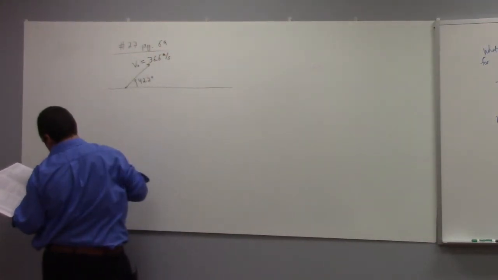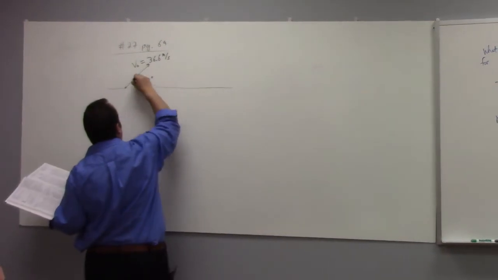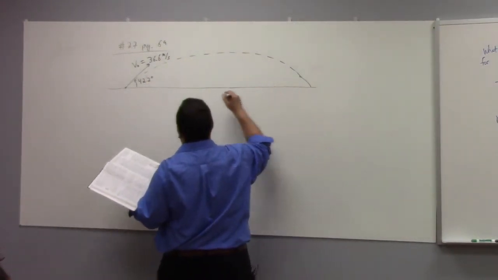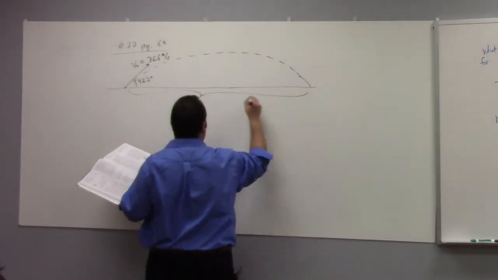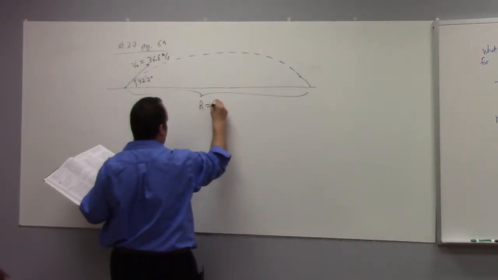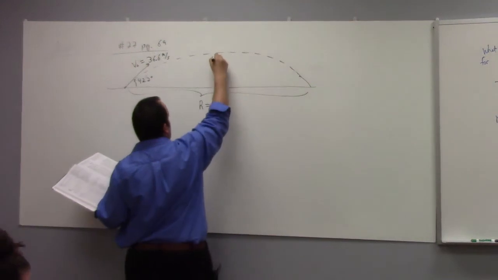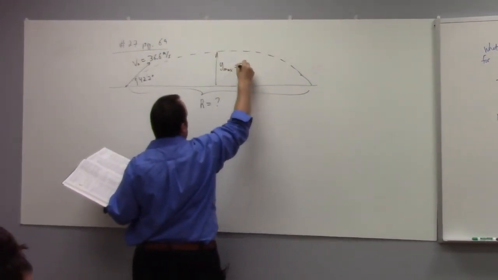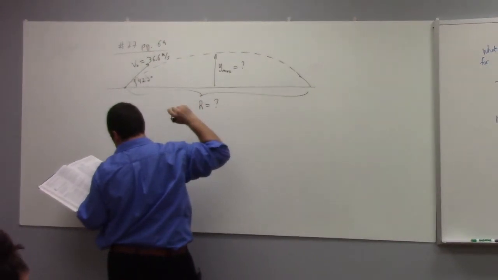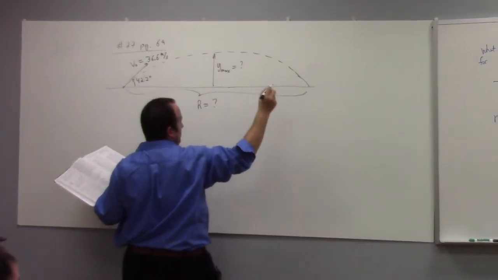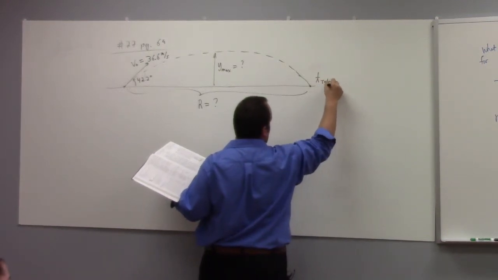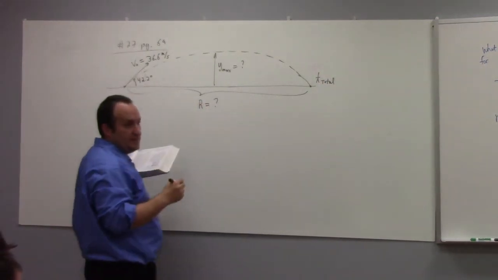Long flat firing range. They want to know a few different things: what's the range equal to, what's the max height equal to, and what else? Oh, they also want to know the total time it takes.